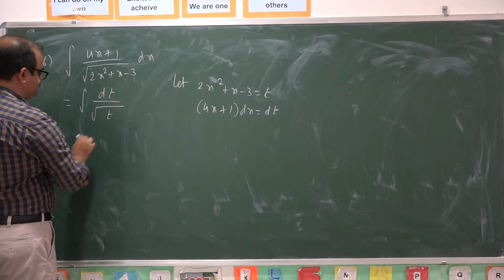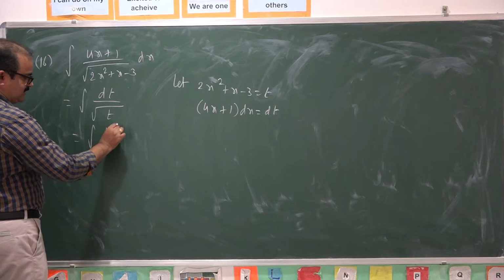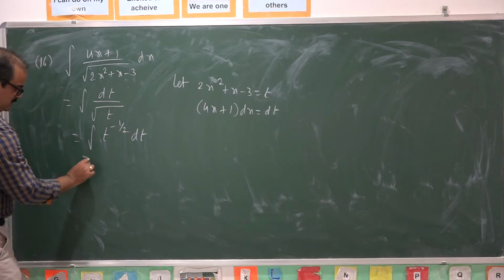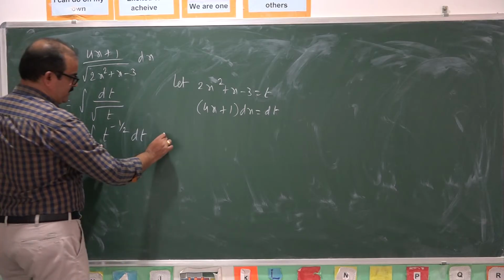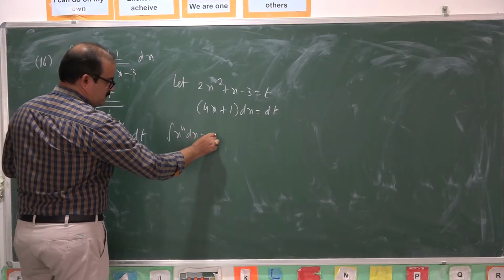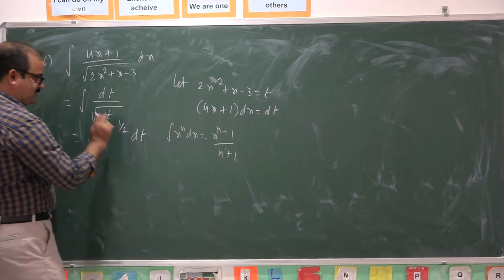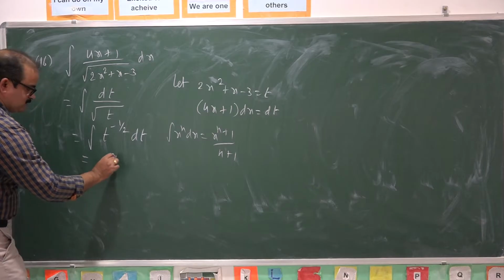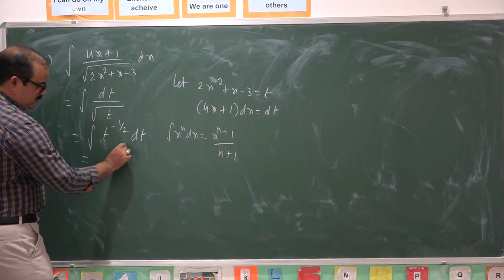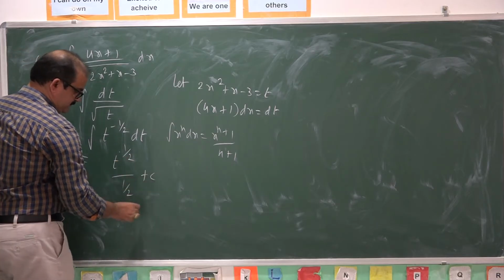is t. This is integral of root t, which is considered as t to the power of minus 1 by 2 into dt. It is in the form of integral x power n into dx. The formula is x power n plus 1 by n plus 1. Here n is minus 1 by 2. So t to the power of minus 1 by 2 plus 1, that is 1 by 2, by 1 by 2, plus c.